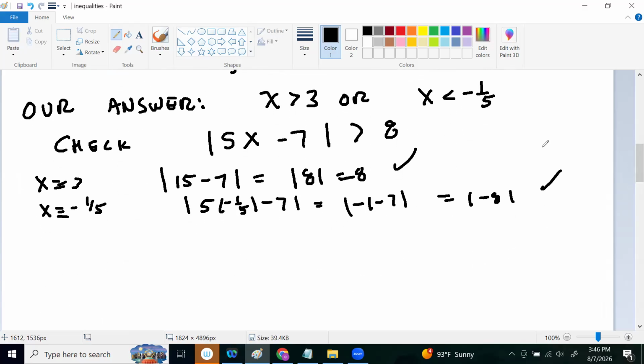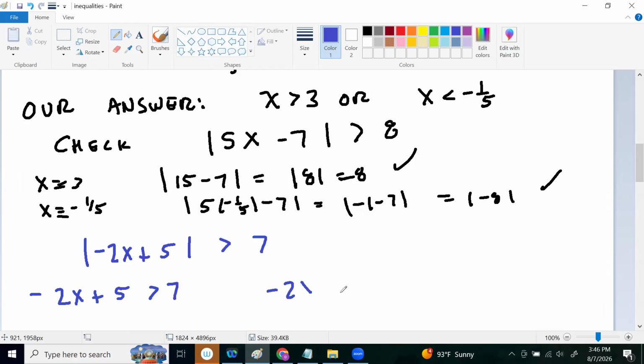Let's say we want to do this one here. Let's say we'd like to do the absolute value of negative 2x plus 5. Let's say it's greater than 7. Okay? Well, the first thing is minus 2x plus 5 be in fact greater than 7.